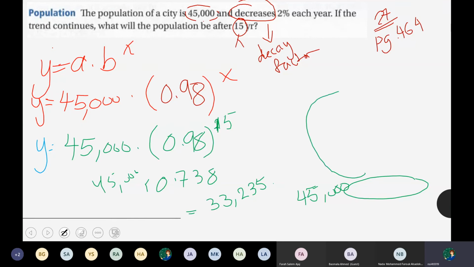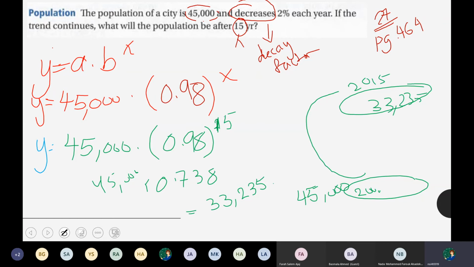After 15 years, I mean that if you are in 2000 now, in 2015, the number of population is 33,235 people. They decreased.